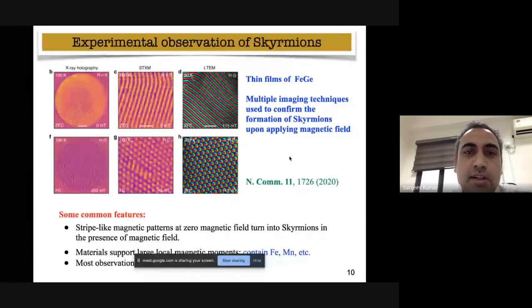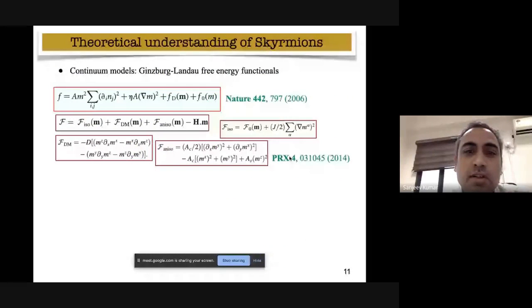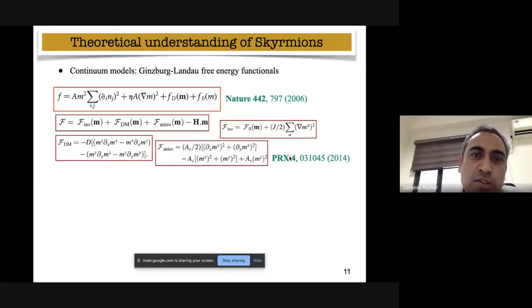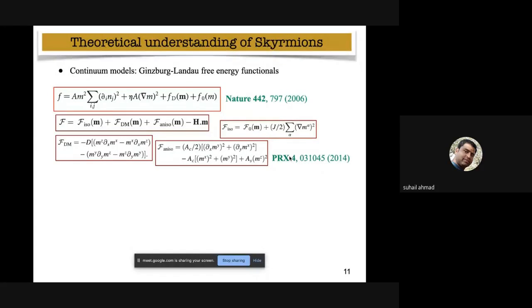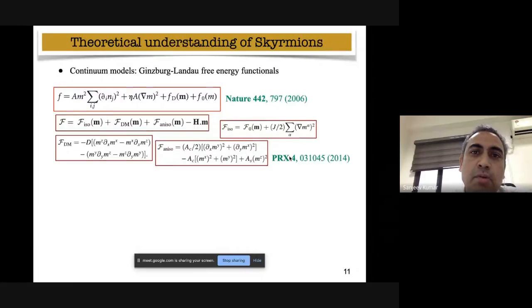Right. So if you think of the theoretical understanding, for a long time the skyrmions, or these patterns, were basically understood with the help of continuum models of Ginzburg-Landau type.